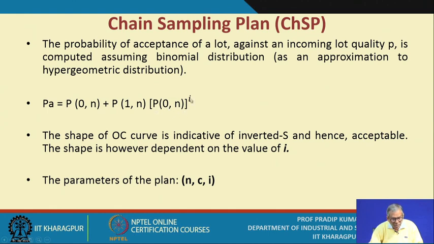So this is the condition, and with this condition, even if in the current sample you have 1 non-conforming unit, you are going to accept it.